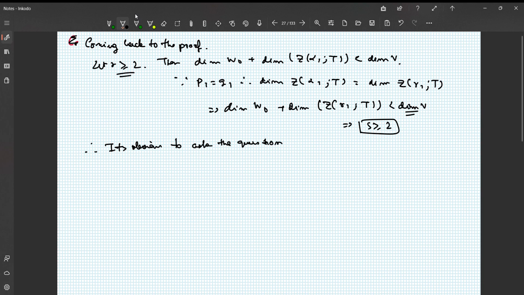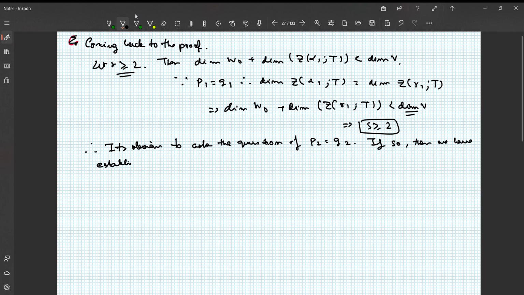Therefore, it's obvious to ask the question whether P2 is equal to G2 or not.